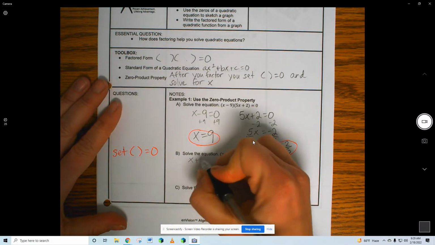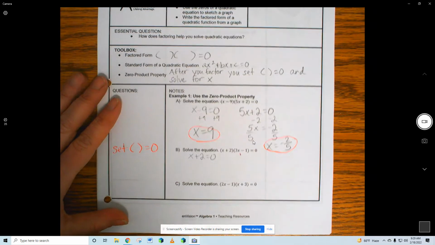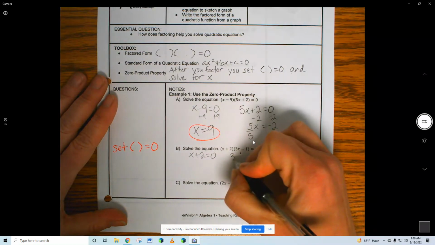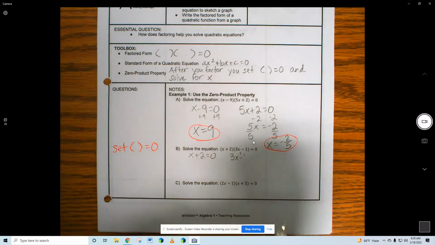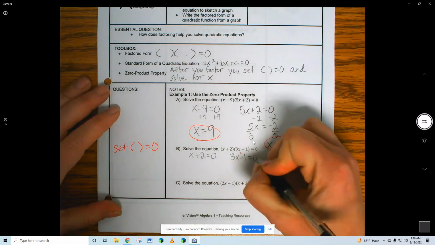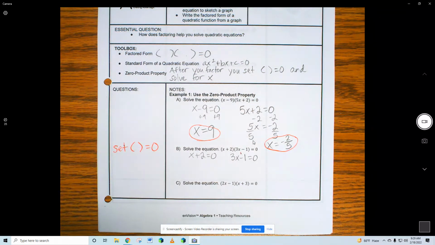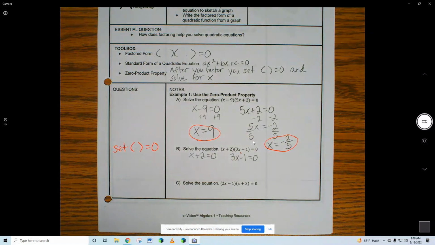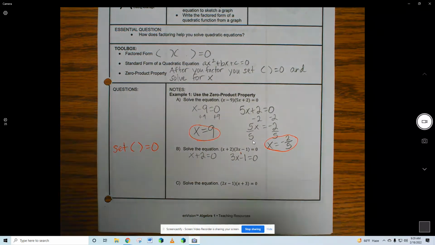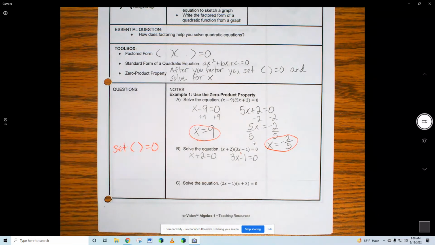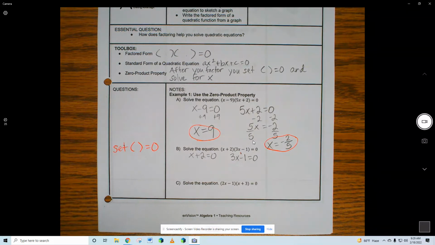X plus 2 equals 0. 3x minus 1 equals 0. All right, go ahead. Solve for x on both cases.